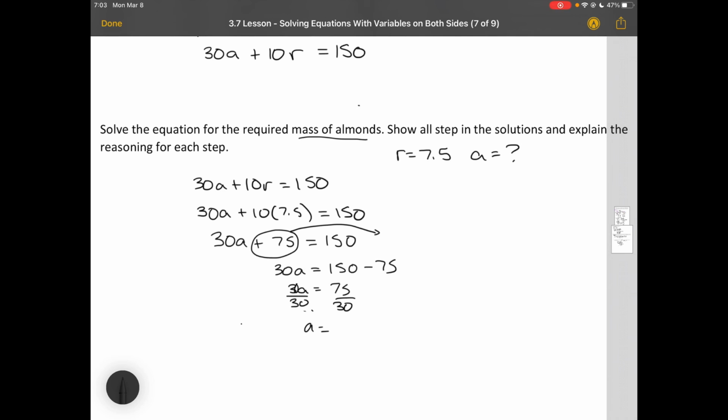So dividing both sides by 30, using my calculator here, I've got 75 divided by 30, which is going to give me 2.5. So that means I have 2.5 kilograms of almonds.